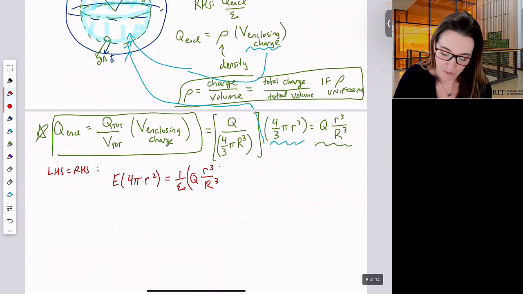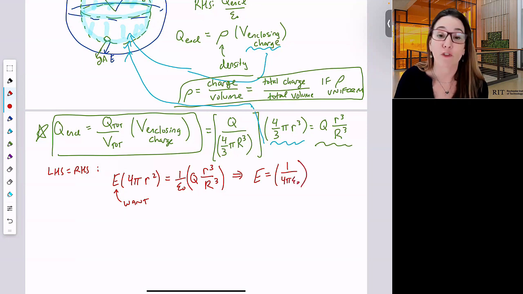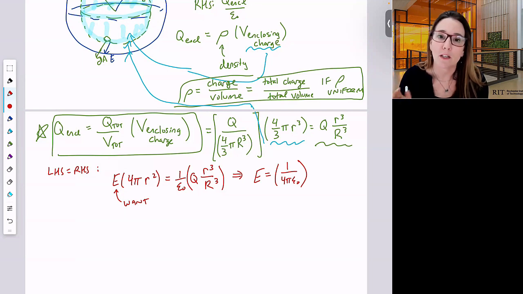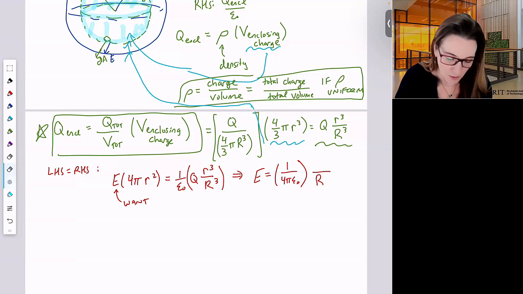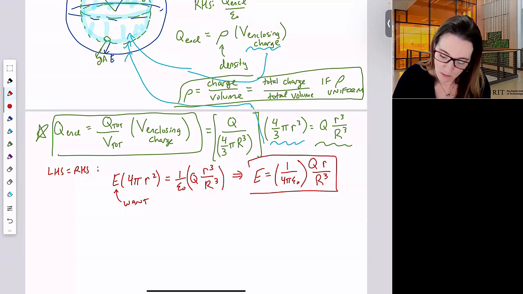When I simplify this and solve for E, because E is what I want, I get that E is equal to, and I like to keep the 1 over 4 pi epsilon naught out front because that's just my Coulomb constant k, Q times little r over big R cubed, since the r squareds cancel. This is my result for inside the sphere.